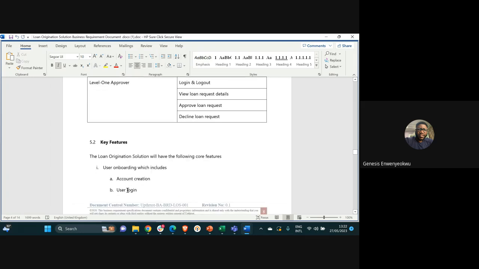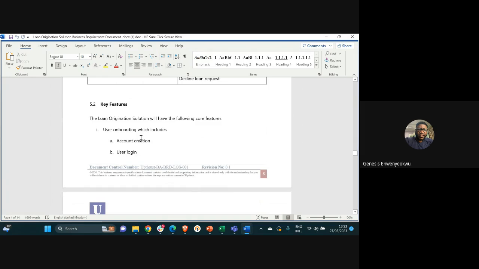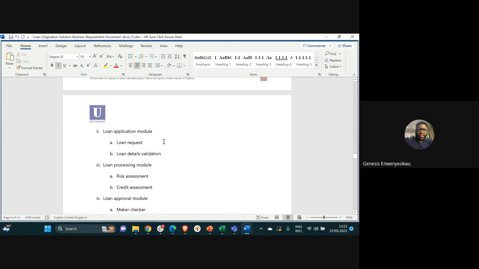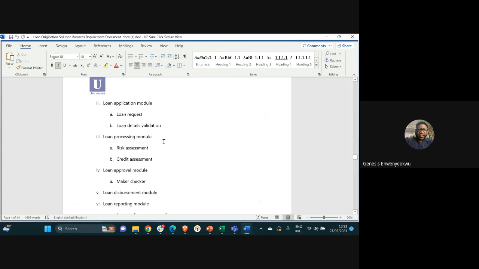Then section 5.2 is where you state the key features of that loan origination solution. So it's going to have a user onboarding feature where they can create an account and log in. There's also going to be a loan application module where they can request for a loan and also view details of their loan. There'll be a loan processing module where they can perform risk assessment and credit assessments.